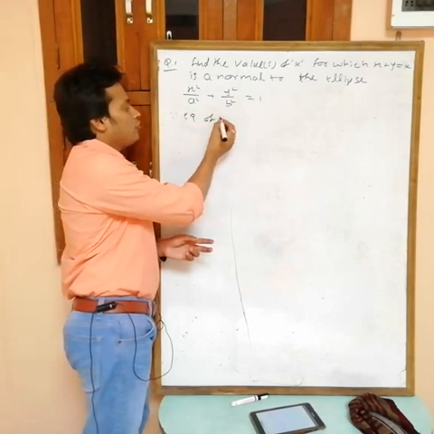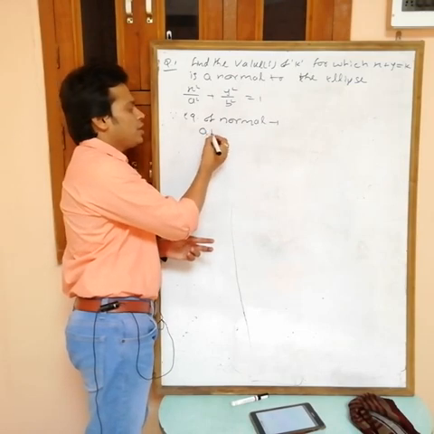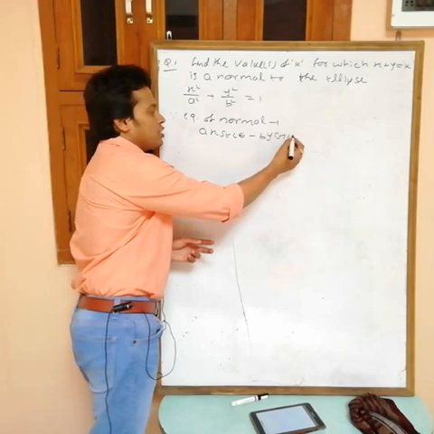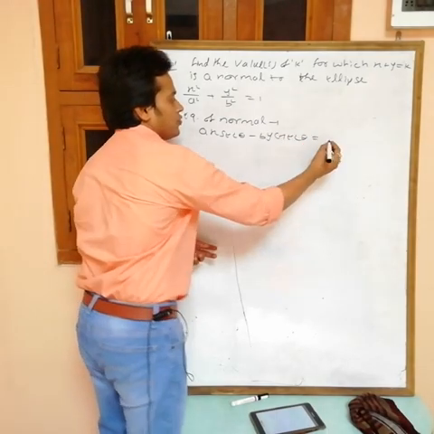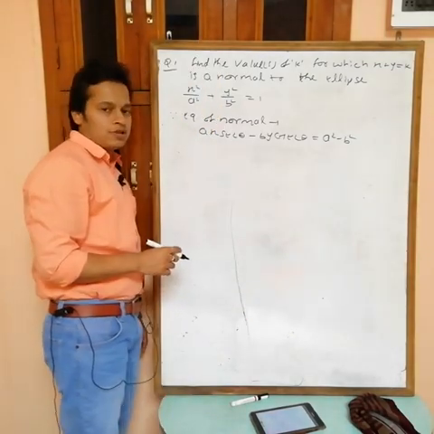So write down the equation of normal: ax sec theta minus by cosec theta equals a square minus b square. This is the equation of normal.